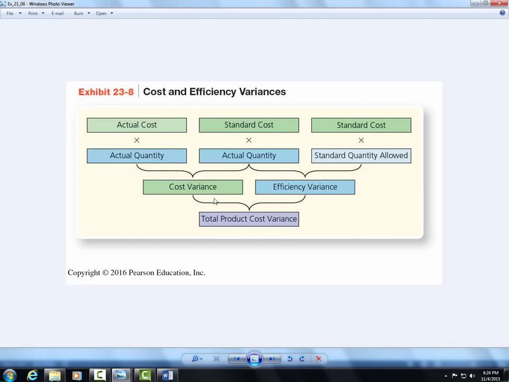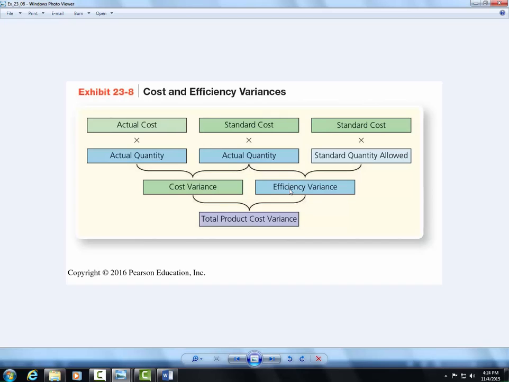The cost variance measures how well we're doing at keeping our direct material cost and our direct labor cost within our standards. In other words, did we pay more or did we pay less than we expected to with our standard?